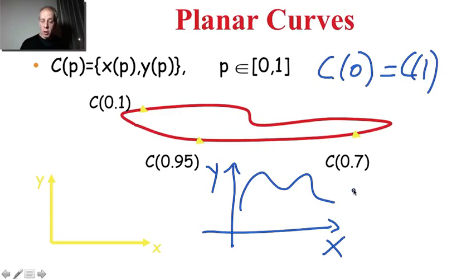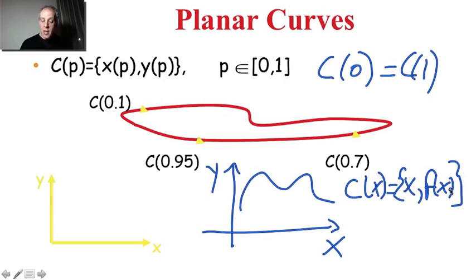In that case, your curve is parameterized by this coordinate itself. So we get c of x, where the first coordinate is x by itself, and the second is some function of it. So these are just functions that you're very familiar with.